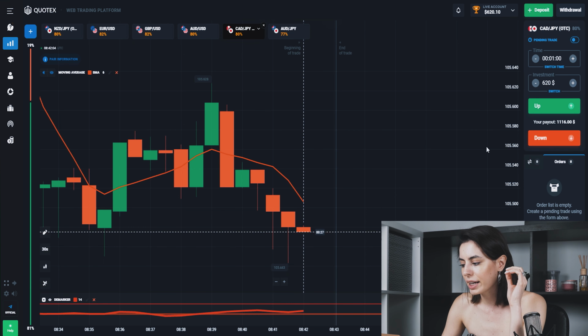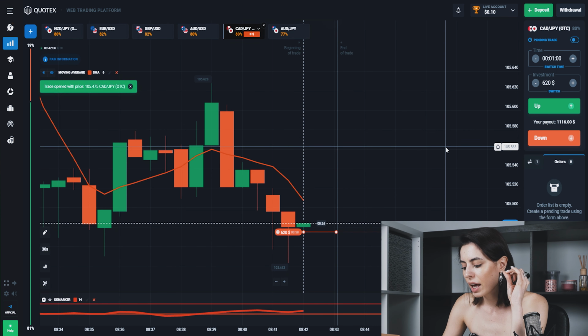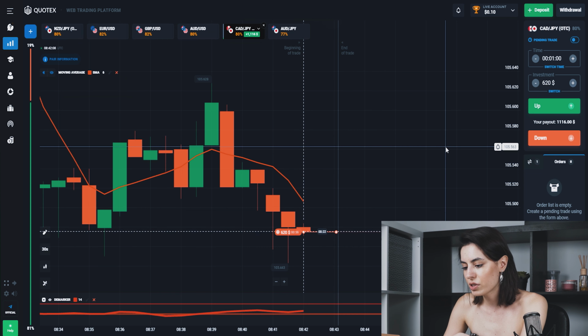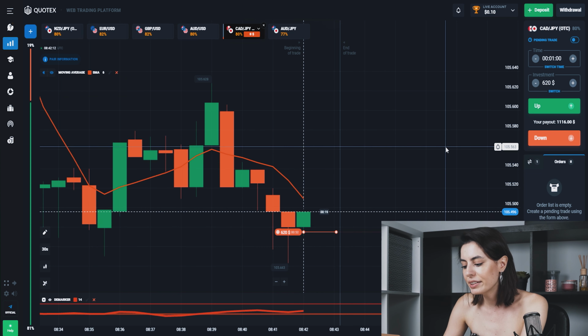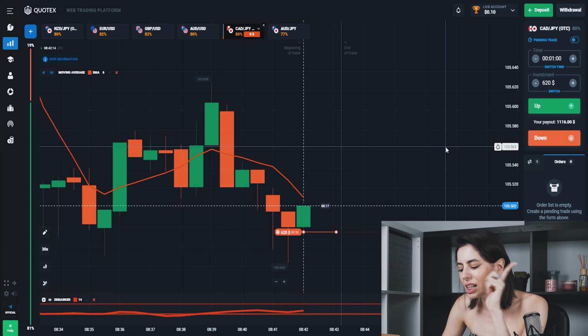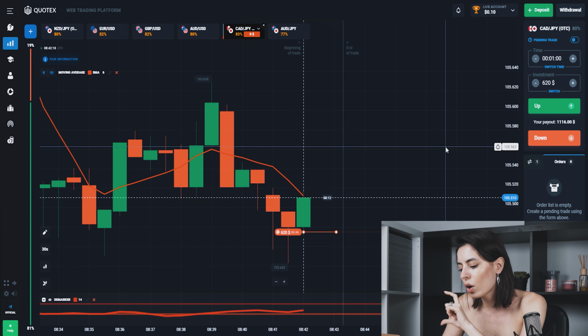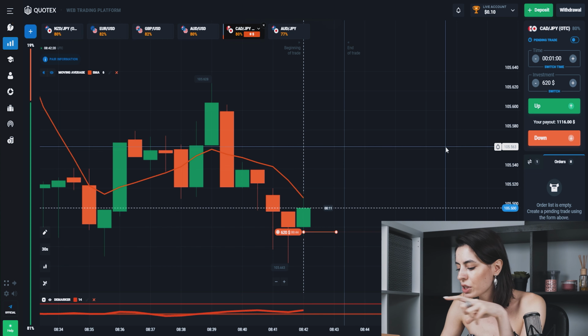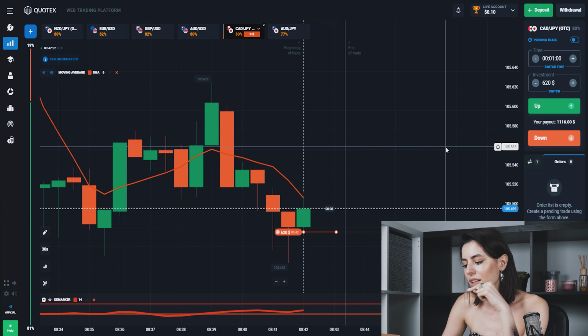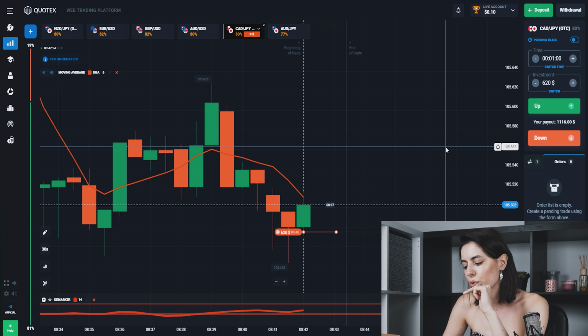So let's see what we're going to have here also. If you see here, the moving average is showing us that we are getting down. And with the D Marker, it looks like we are actually going to rise. But check the whole picture of the D Marker. We see that it is showing small fluctuations.